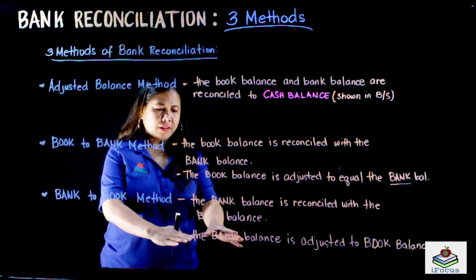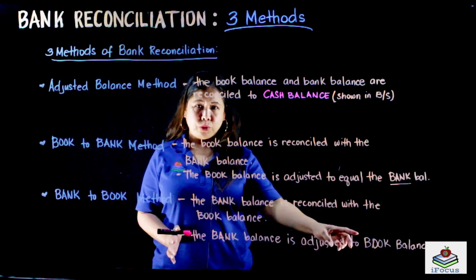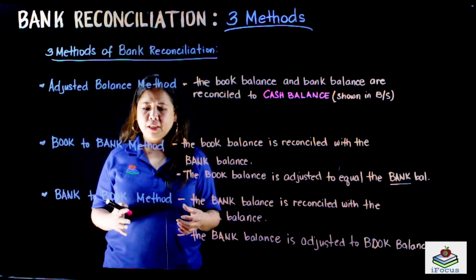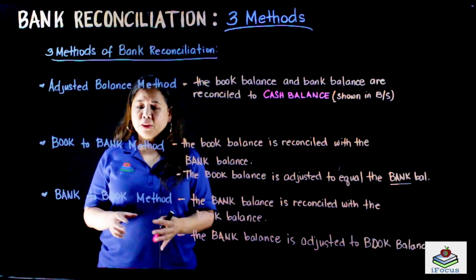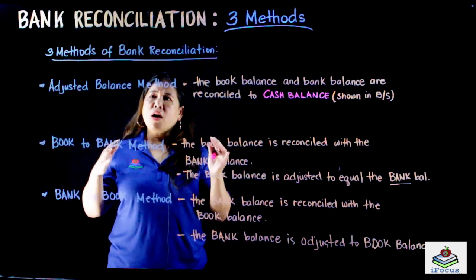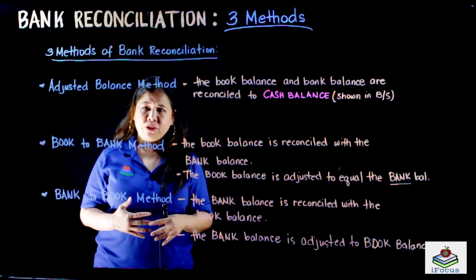Therefore, the bank balance is adjusted to book balance. So kapag ang requirements sa problem mo is the book balance, ito ang gagamitin mong methods, the bank to book balance. Alright, so ito ang tatlong methods ng bank reconciliation.